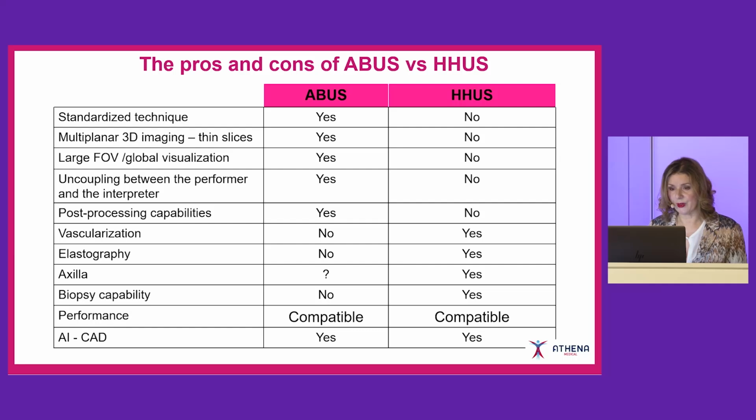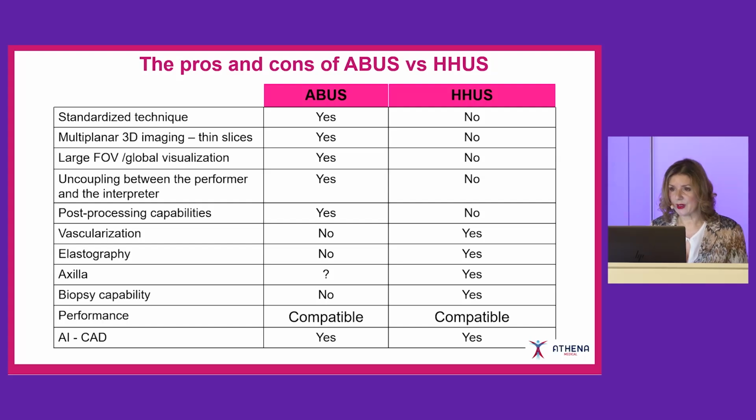So there are great advantages of ABUS versus handheld. It is a standardized technique. It gives us the great capability of multiplanar 3D imaging, and also post-processing capabilities. We have a large field of view and global visualization of the breast.